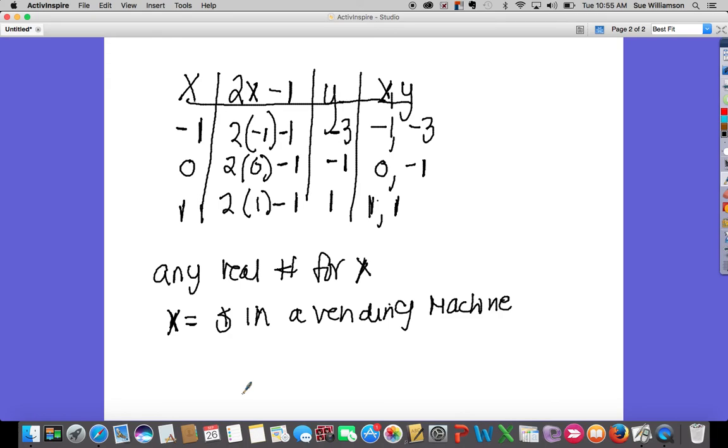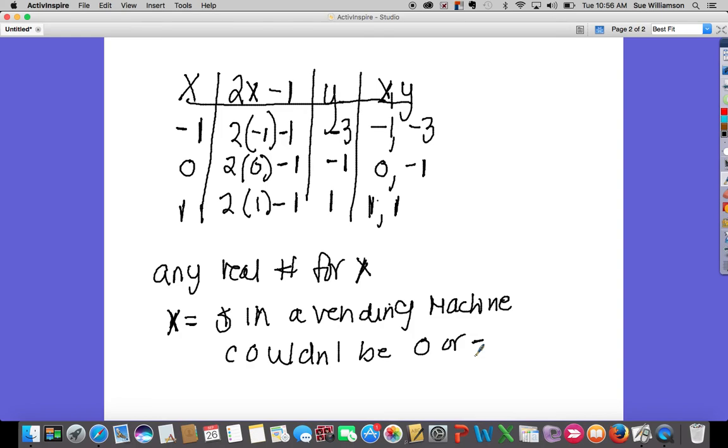You can't put zero money in because the same thing, you have to put a positive number in. So in that case, your x's could not be 0 or negative, because that would not make sense.